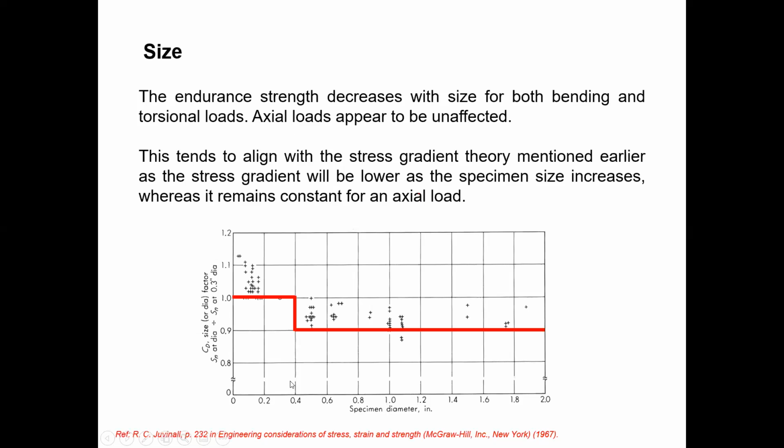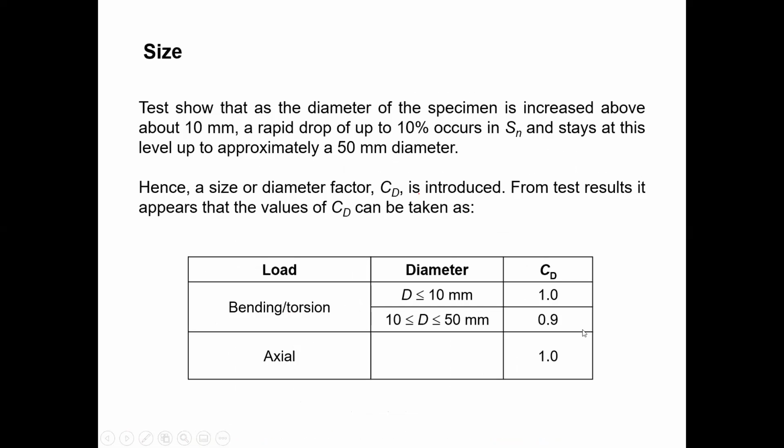I think 0.4 inch converted to millimeter is about 10, something like that, and the upper limit I think is 50, so that's why it is mentioned here. So for bending and torsion, you can select. In the particular question you need to find out the loading type. If it is bending, check the dimension. If it is less than 10 millimeter, the CD load factor is 1.